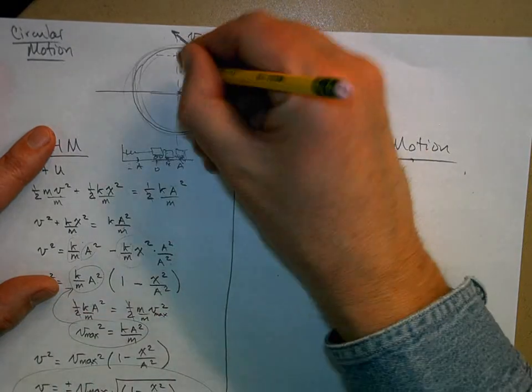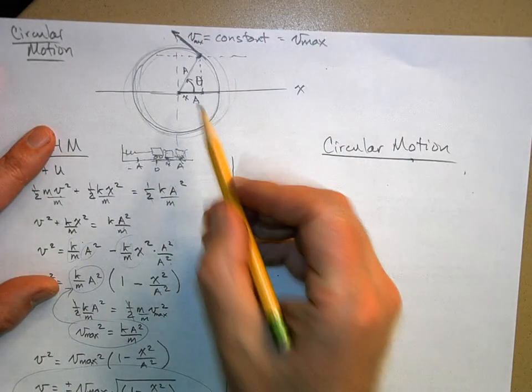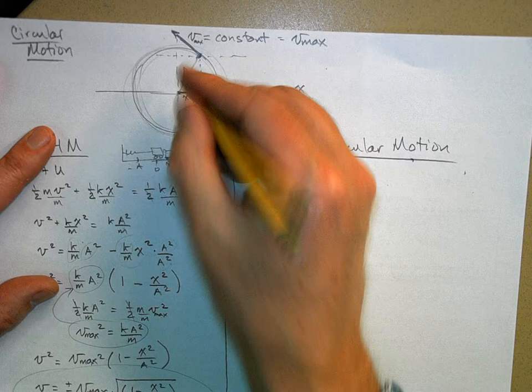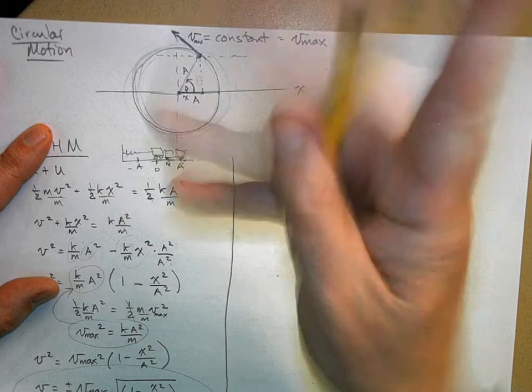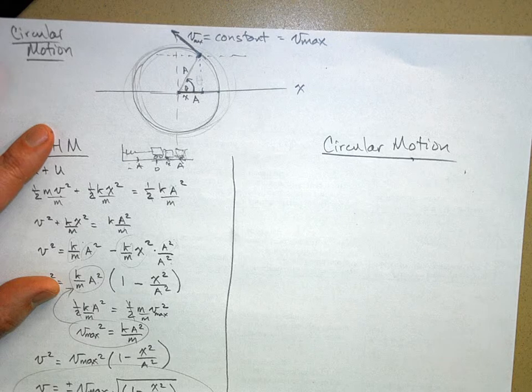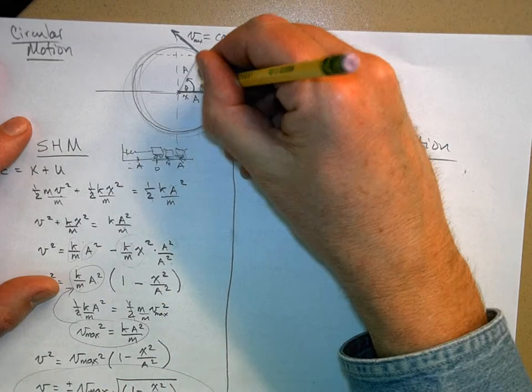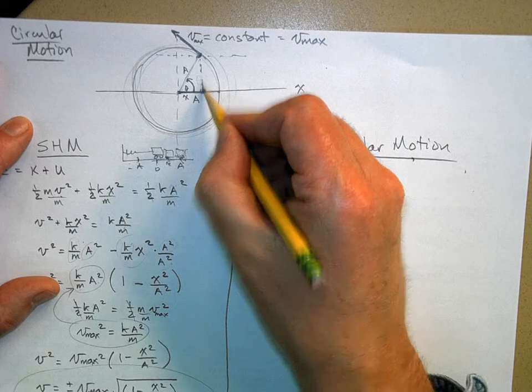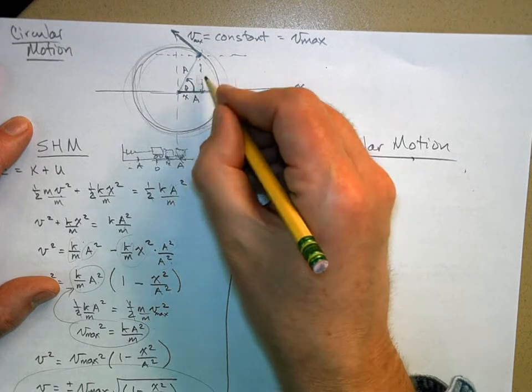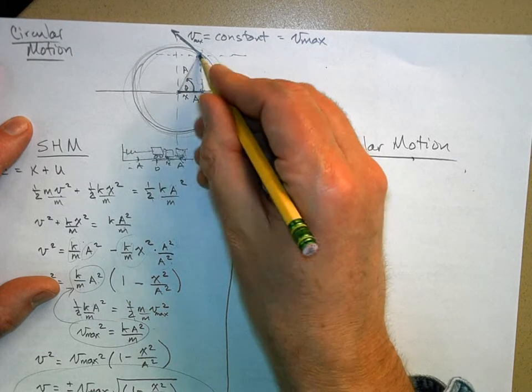This is A. And look at this triangle right here. If this is theta right here, let me erase theta there. So here's theta. And then this right here. Well, look, this is a right triangle, isn't it? From here to here, it's a right triangle. So what is this leg in terms of x and a?